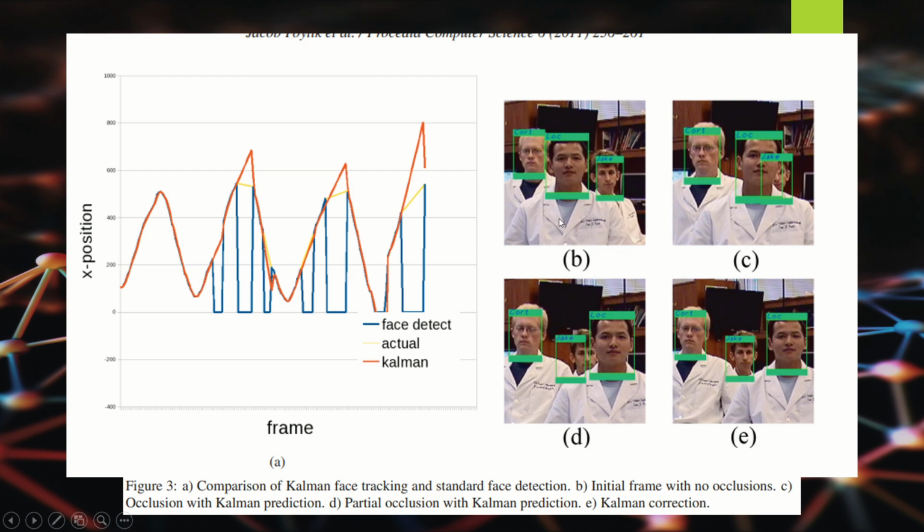Here we have three facial figures, where each facial figure is moving across frames, with each movement of frame being plotted on the x-axis, and how the Kalman filter plotted the movement and classified a particular person.